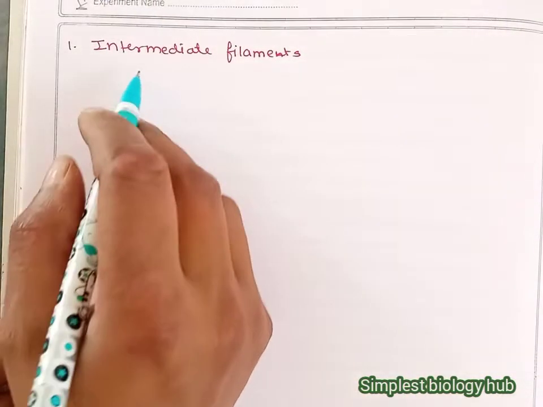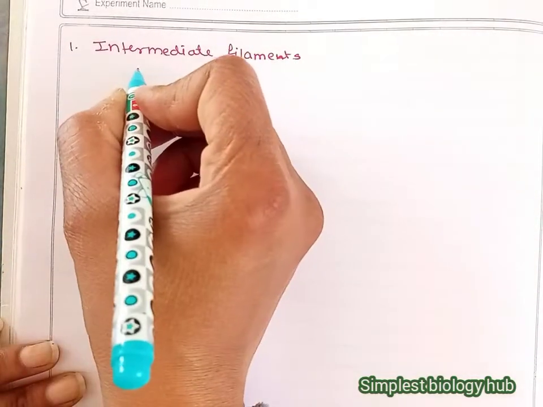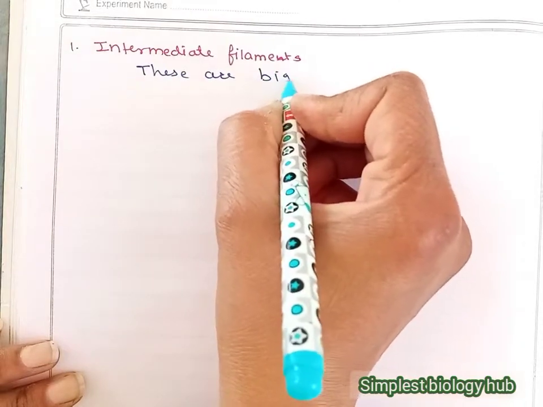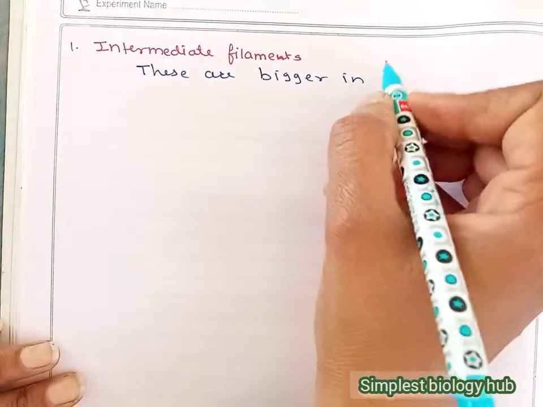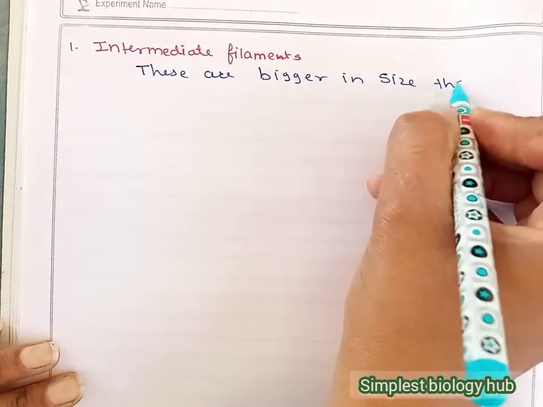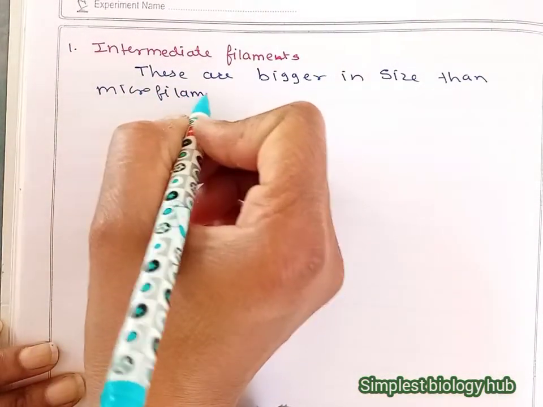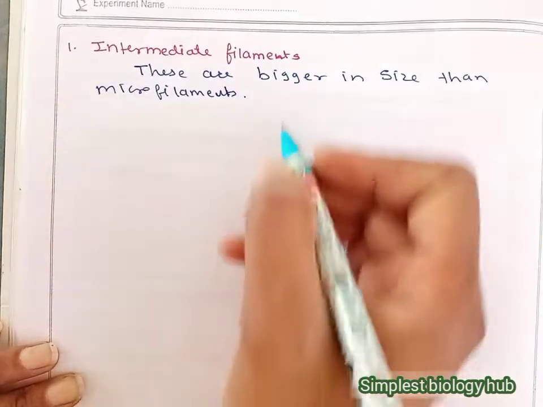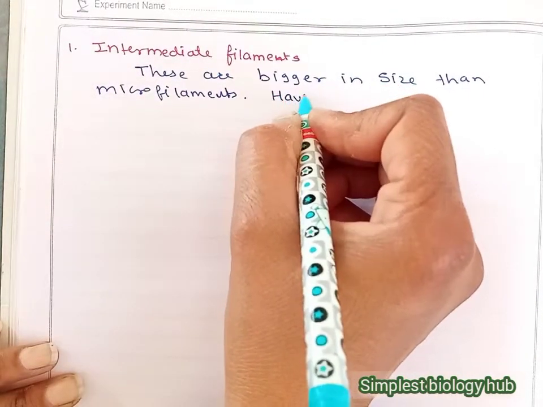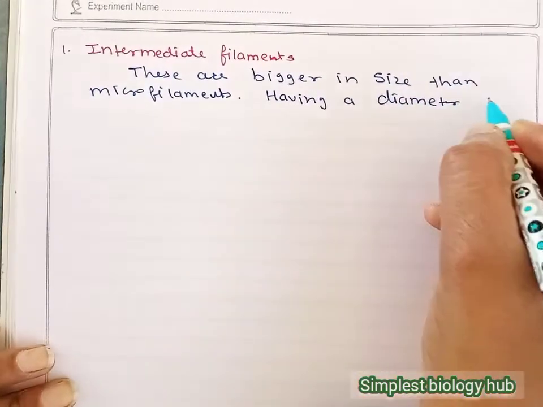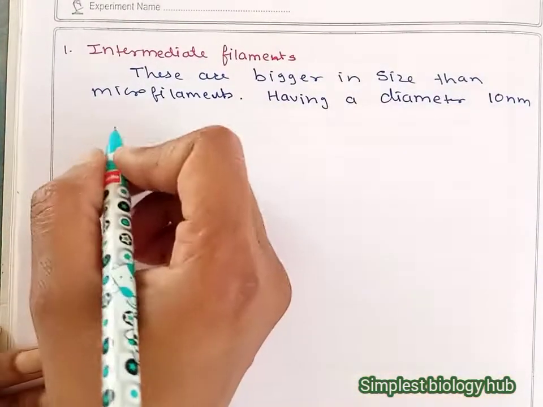Now we talk about the third filaments, the intermediate filaments. These are bigger in size than microfilaments. They have a diameter of 10 nanometer.